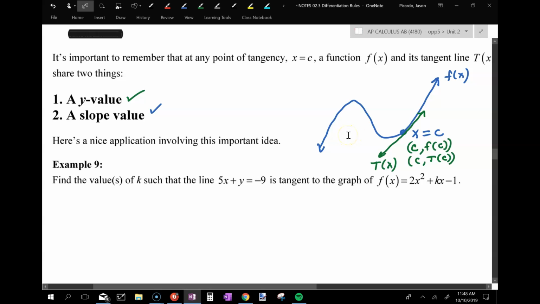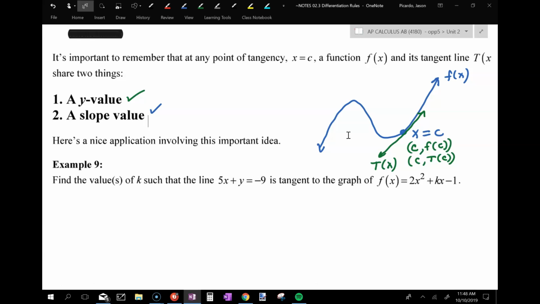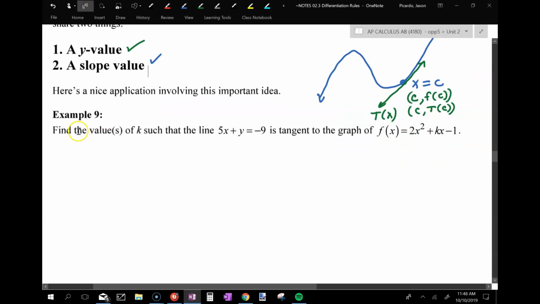So we're going to use that to answer this question now, okay? This is an adaptation of an old AP question, right off an old AP. Here's what we got. We want to find the value or values of k so that this line is tangent to this curve, okay?